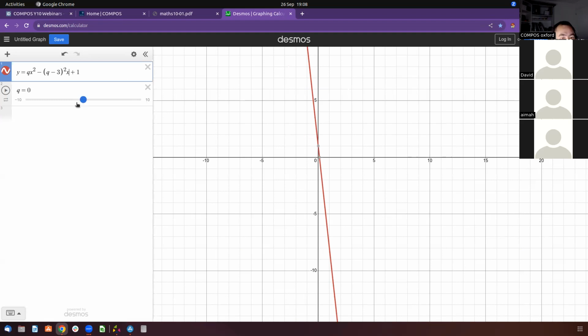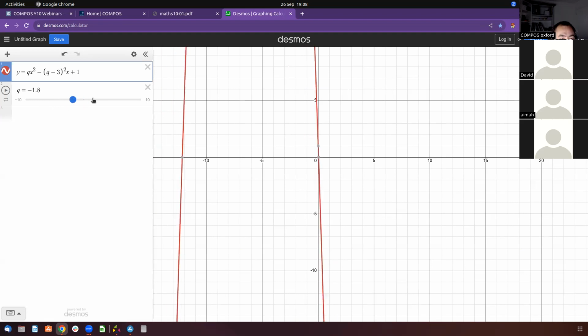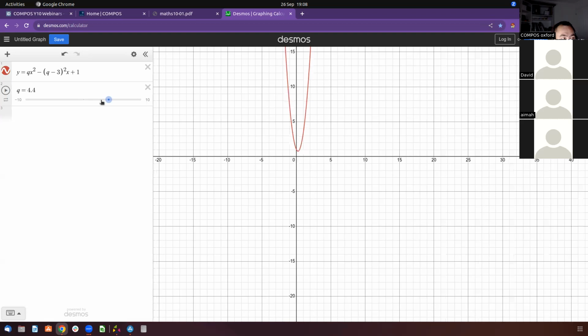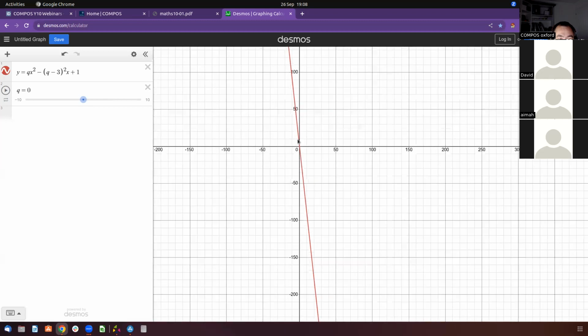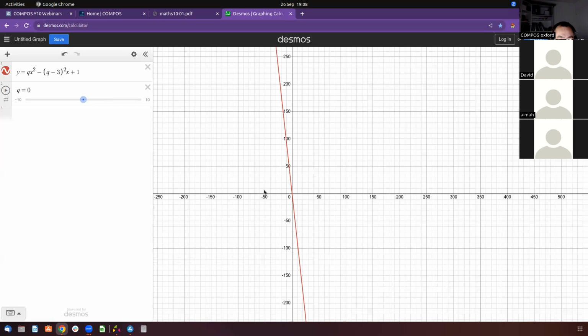Something changes, but if q becomes 0, look at that. It's a straight line. It's not a quadratic anymore.